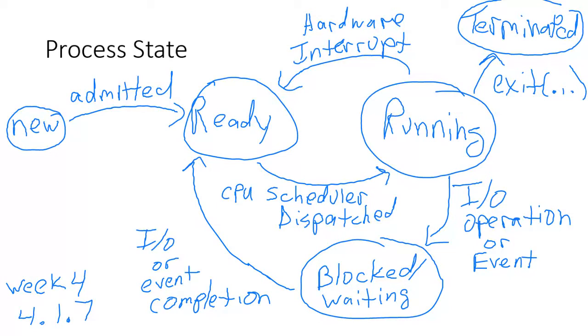But if it was suspended and it had been in the blocked or waiting state, then when it resumes, it will go back into that state. So whatever state it was suspended from, and there were two, it goes back to that state once it resumes. I use the term pause, but these are the main states that we have.